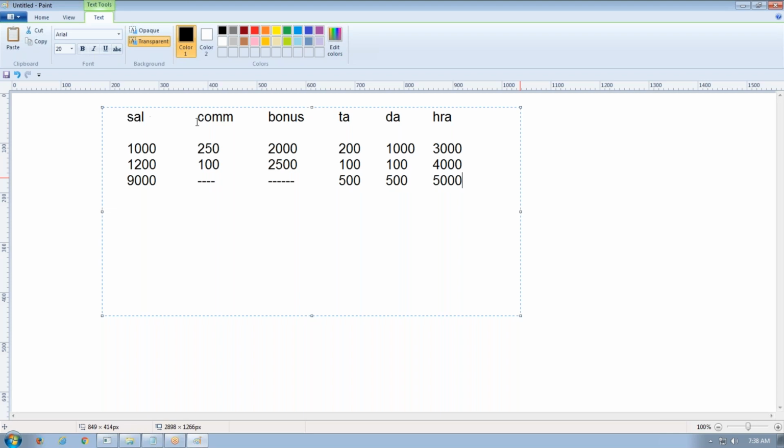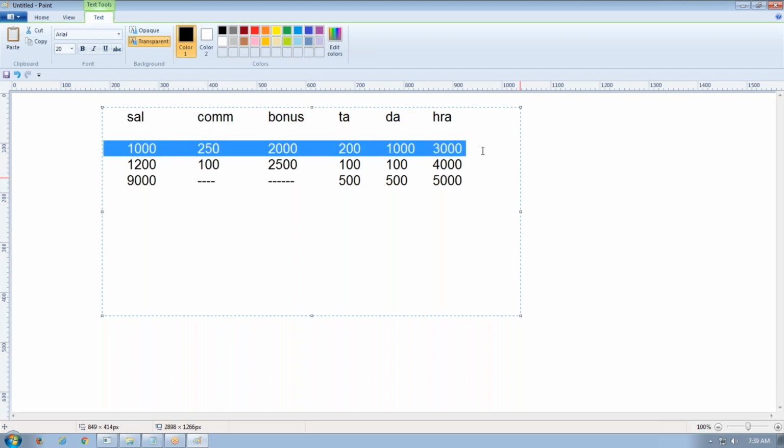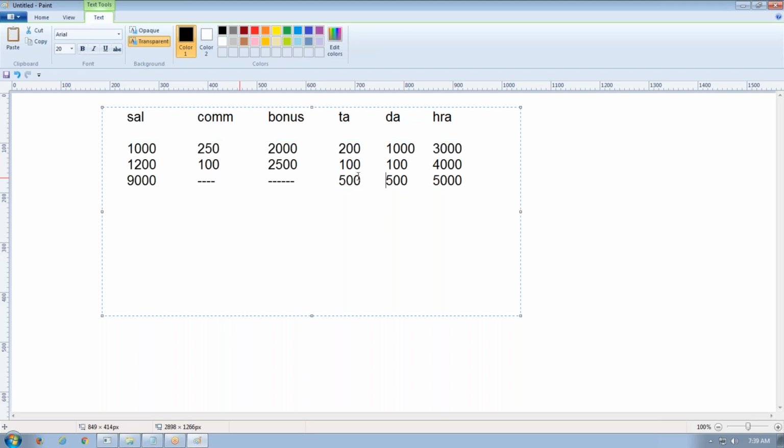Assume that each one is a column. If you want to compare these column values, which is the minimum value in this record? 200. Out of salary and benefits to the employee, I want to find the least value, 200. In the next record, 100.